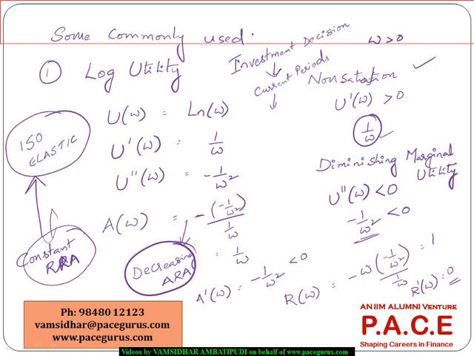So multi-period investment decisions need not be focused on too heavily, because I can take a decision today by visualizing the consequences at the end of the next period itself, rather than thinking 10 years down the lane. So that is an advantage, especially if my utility function follows a log pattern.